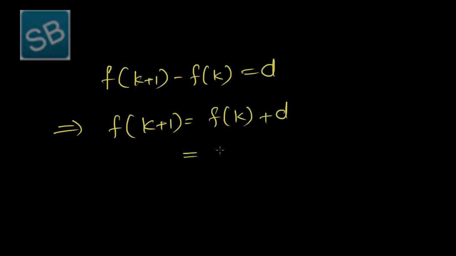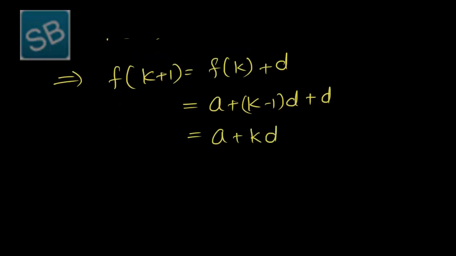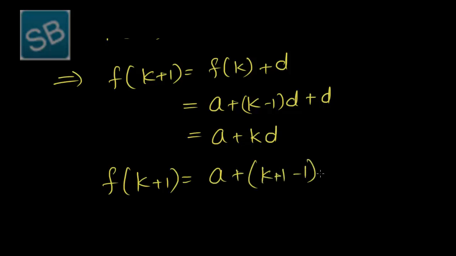F of k is a plus k minus 1 times d from the previous step. So we get a plus kd. And also from the given formula we have f of k plus 1 is a plus k plus 1 minus 1 times d.